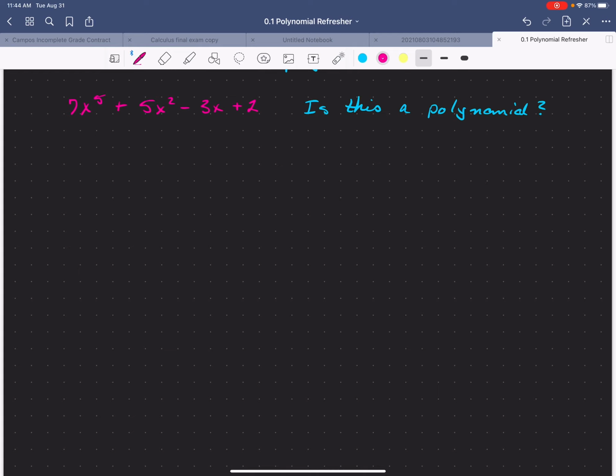And the answer is yes. Right? Because you've got exponents, but they're all positive and they're all integers.